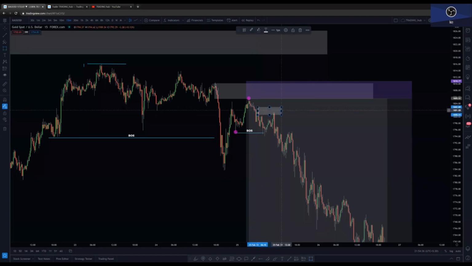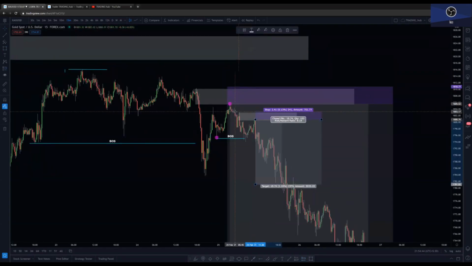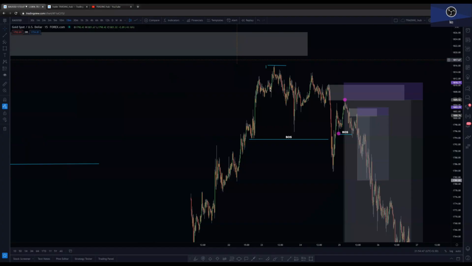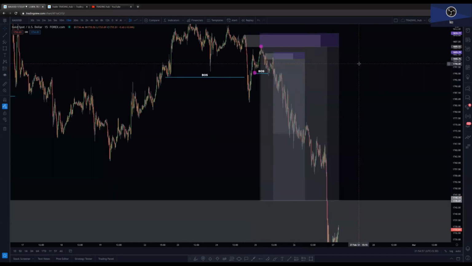And the 15-minute entry will be here. Target will be the same here. And this time you will get 22% because you are refining from a higher time frame to a lower time frame.